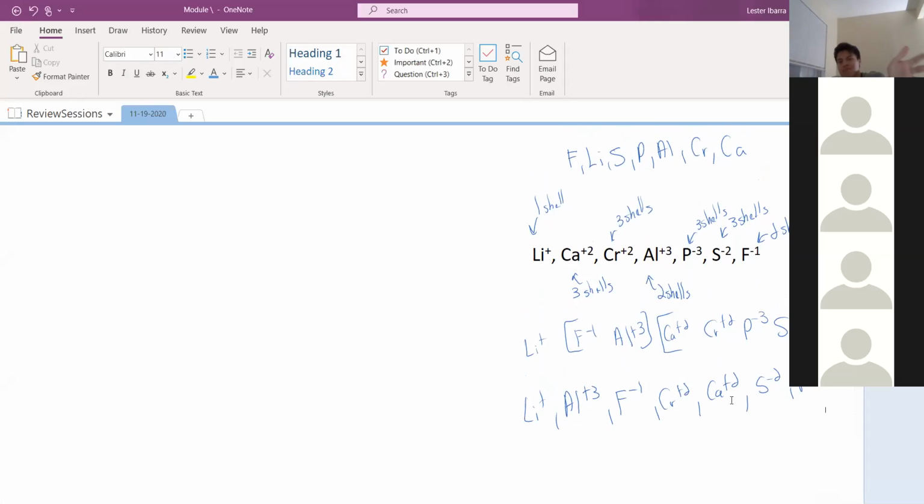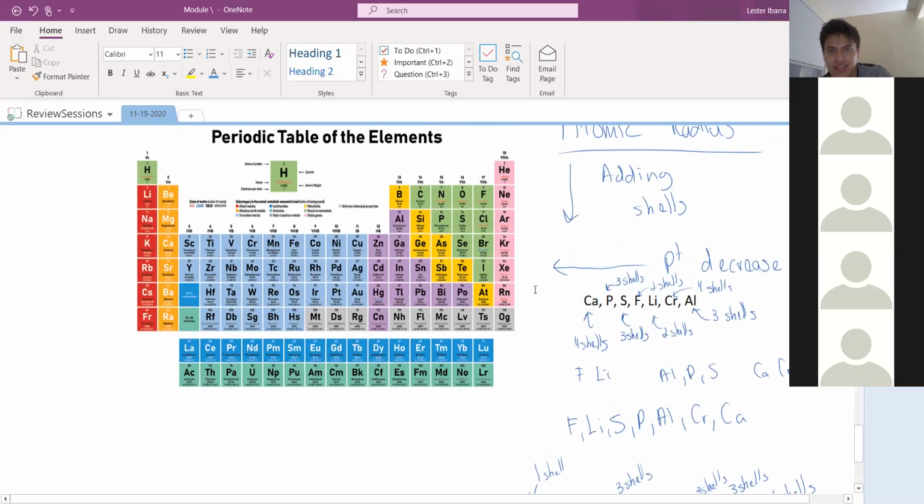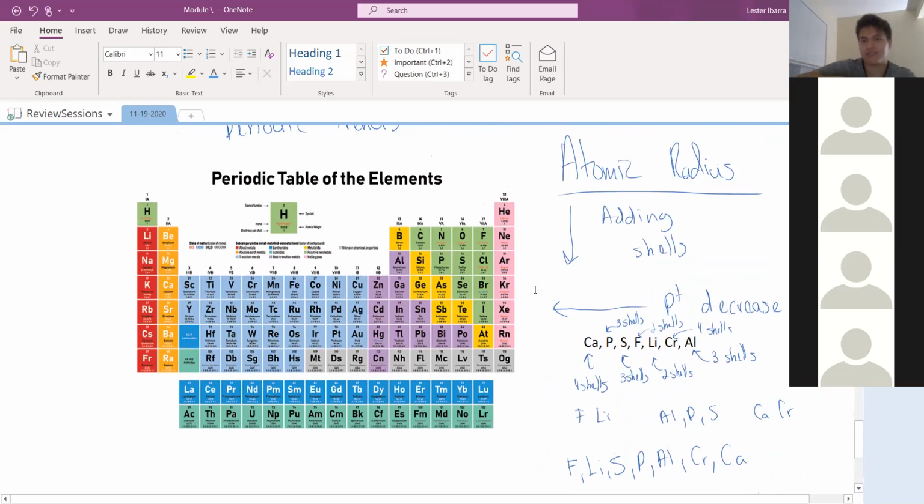So that's my best recommendation as to how to handle those kinds of problems. And that's basically it. Basically all the other trends have an opposite direction. So atomic radius increases as we go down and to the left.